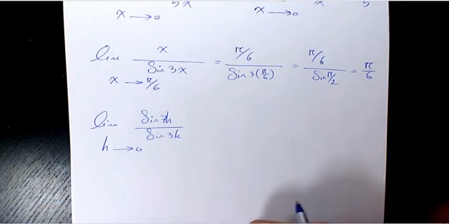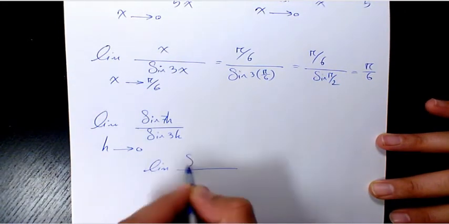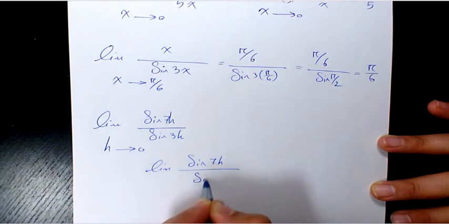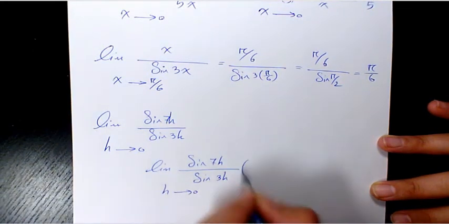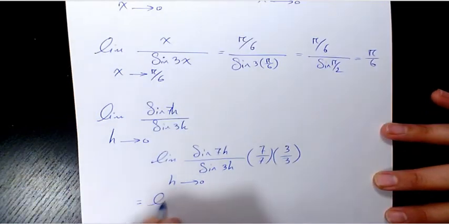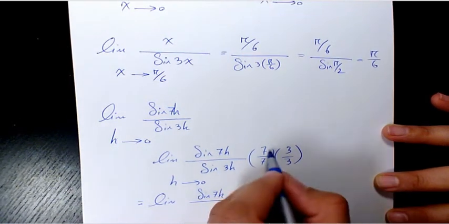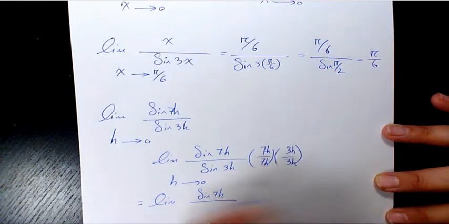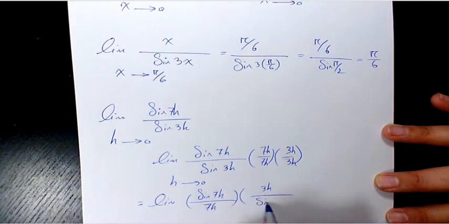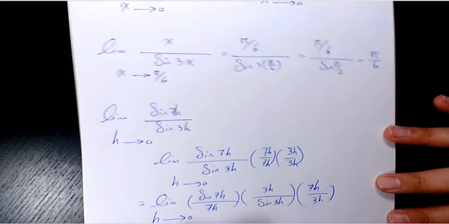What we need to do here, we multiply both numerator and denominator by 7 over 7 and 3 over 3, which is going to make it sine 7h over 7h, times 3h over sine 3h, and then you end up having 7h over 3h, when h is approaching 0.